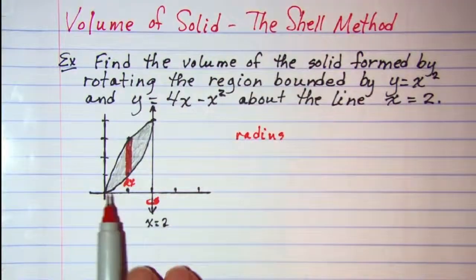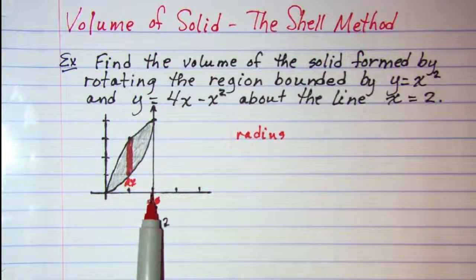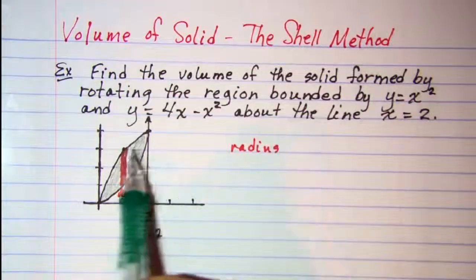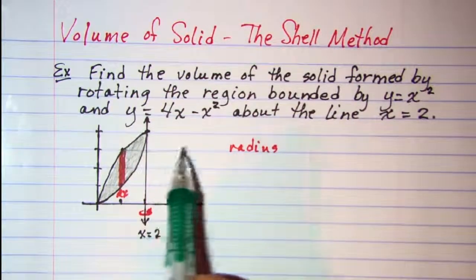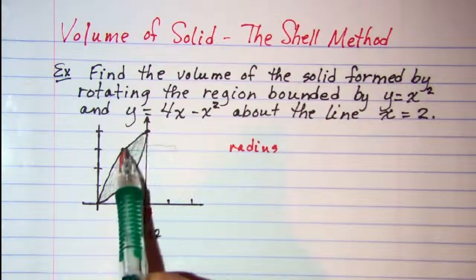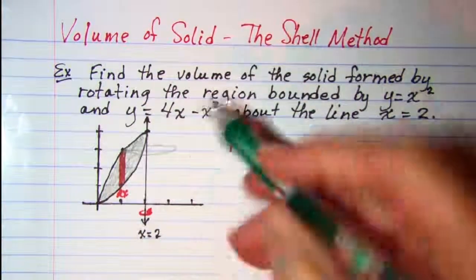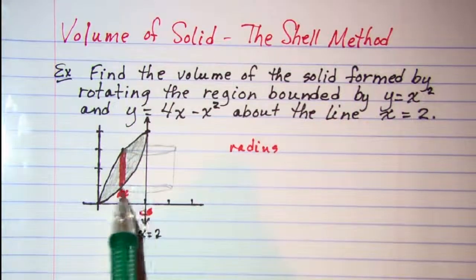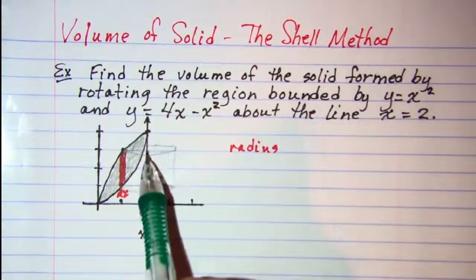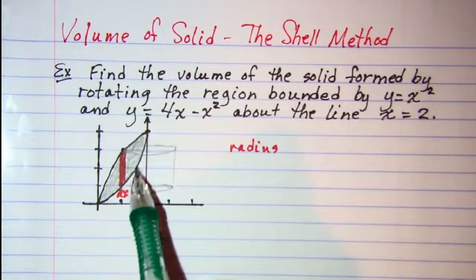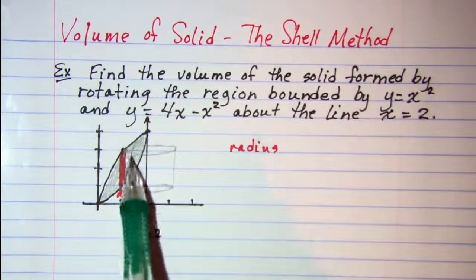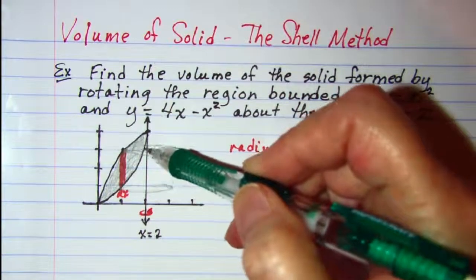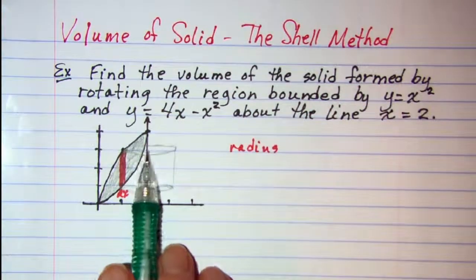The radius is going to be moving from 0 to 2, but if you think about our shell, if I just take this representative rectangle and look at that shell, as my x value gets closer and closer to 2, my radius is getting smaller for this circle.